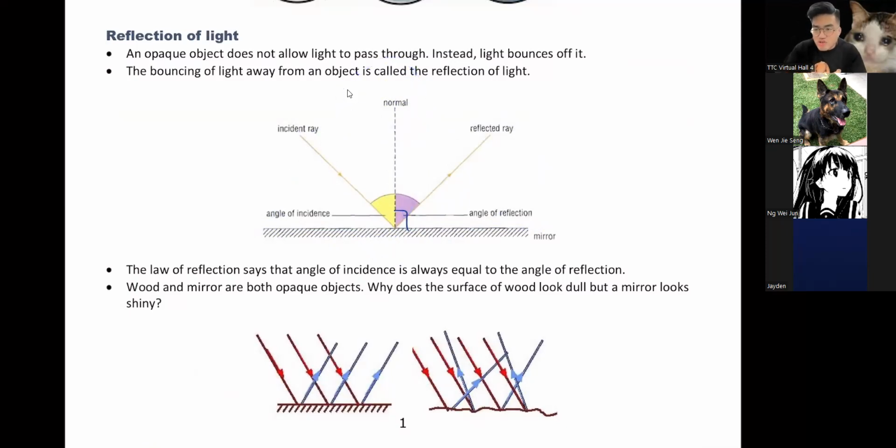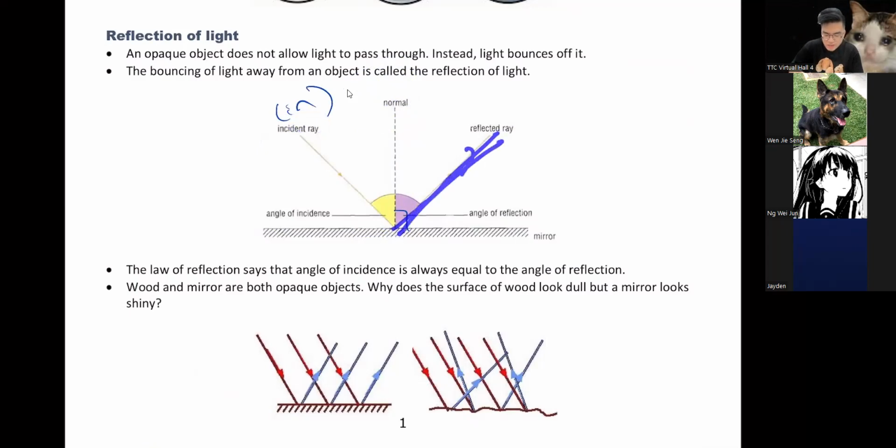So why draw a normal line? Guys, this line doesn't exist. This is a line just to help us imagine. So what is an incident ray? Incident ray is the light coming in. So imagine there's a light coming in. When it hits the mirror, it will be reflected.